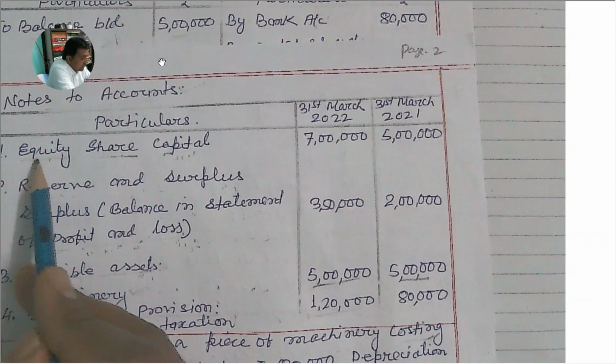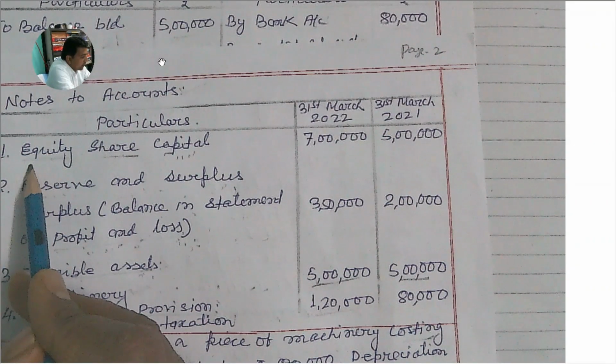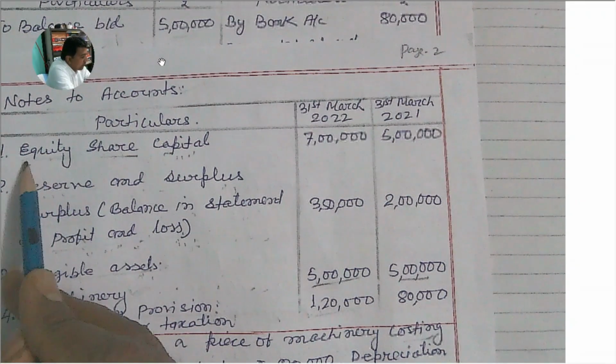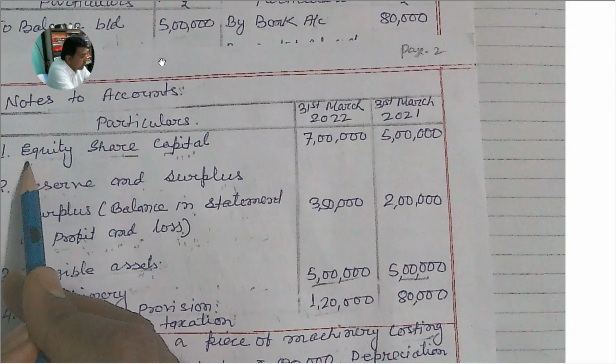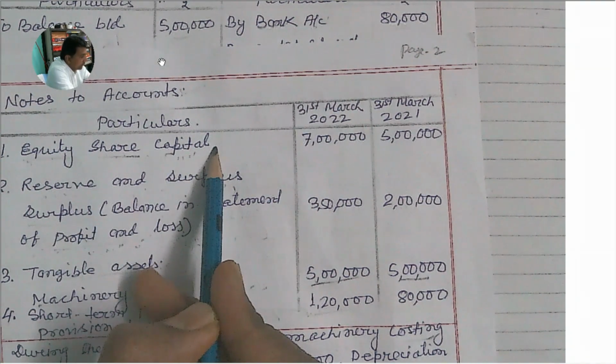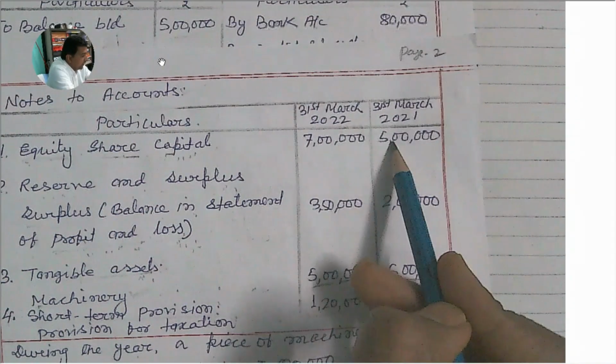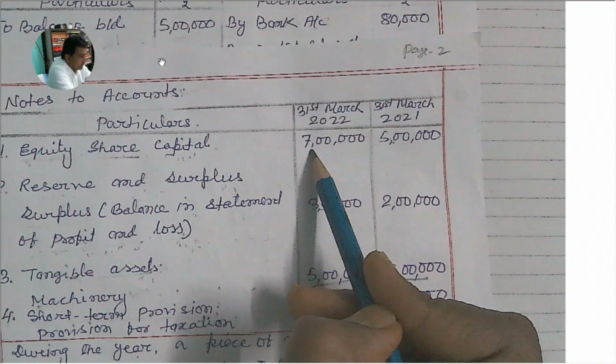So on the face of the balance sheet only the share capital is mentioned. Now the notes to accounts show that the company has equity share capital only, and that value will be the same, from 5 lakh to 7 lakh.